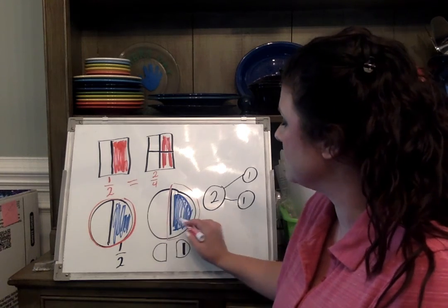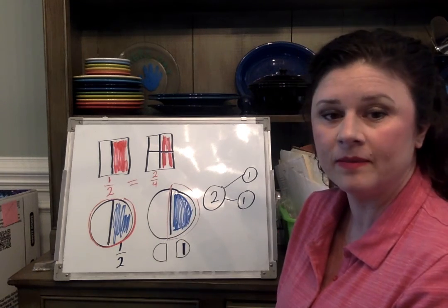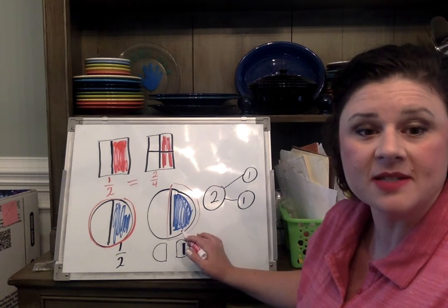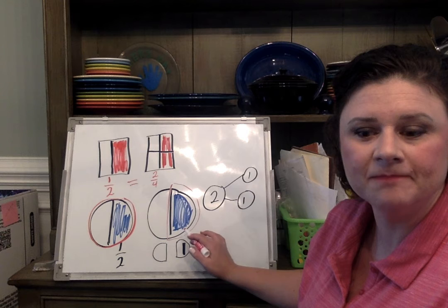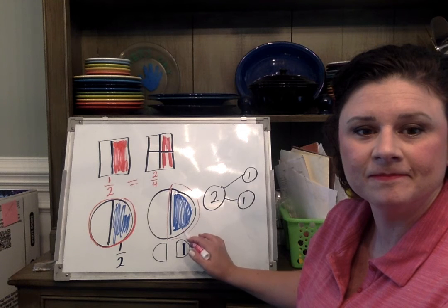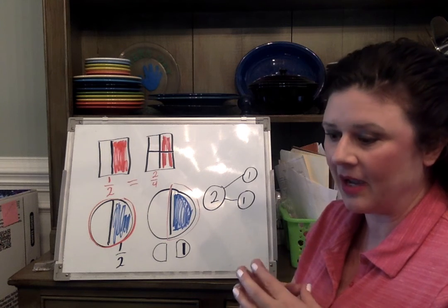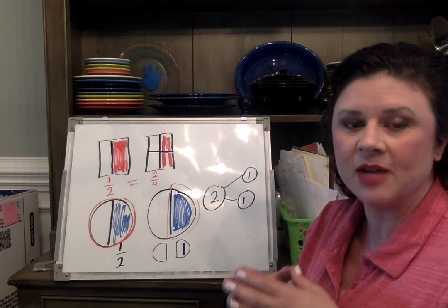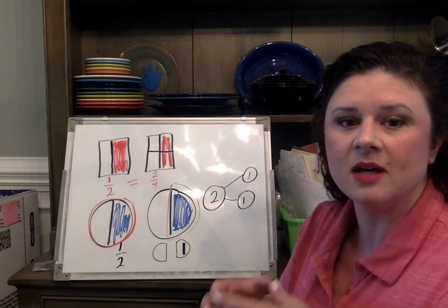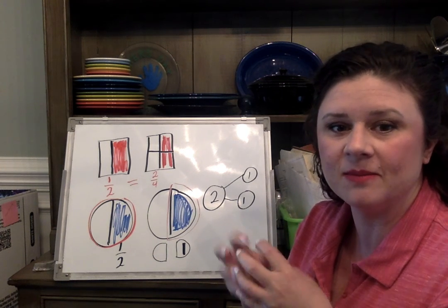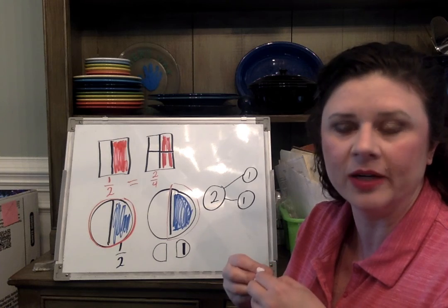Even though these are the same size pieces, this is 1/2 of this whole. This is a whole of this whole. Okay? This is hard for us to think about, but when we're talking about fractions of a shape, we have to start out thinking about what is the whole. What is the whole that puts it together? What is the whole here? Okay?